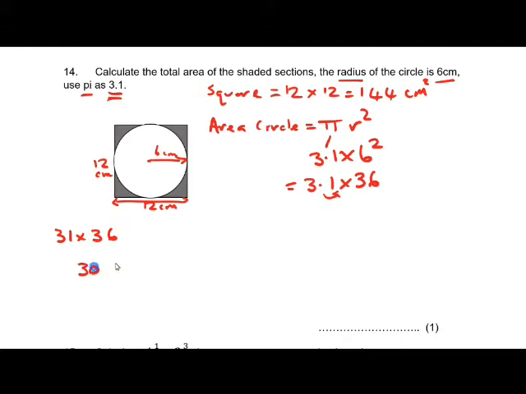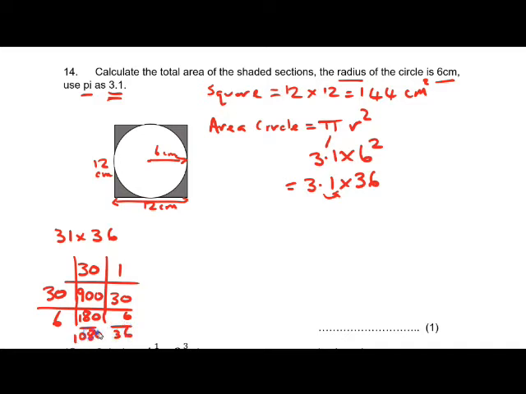So let's do that using our box method. So 3 3s are 9 with 2 zeros. 6 3s are 18 with 1 zero. 3 1s are 3 with a zero. And we've got 6. Add each of the columns up. And then add the two numbers together.